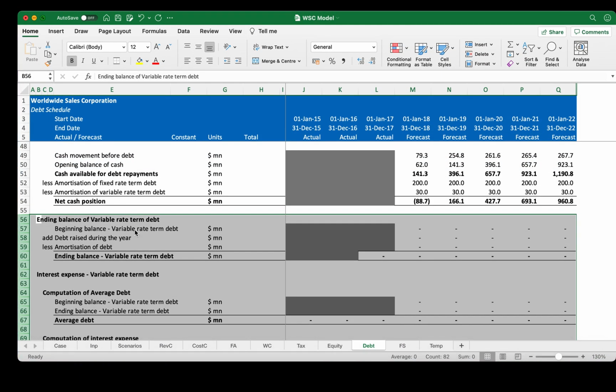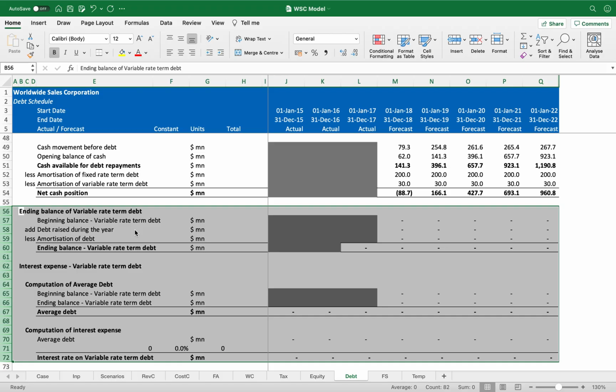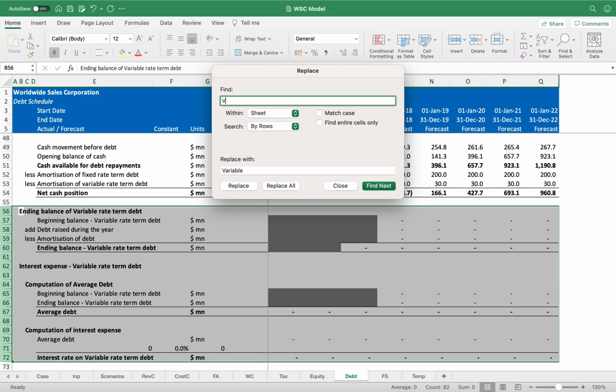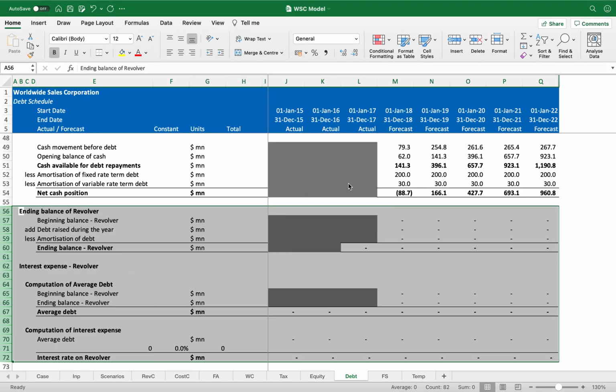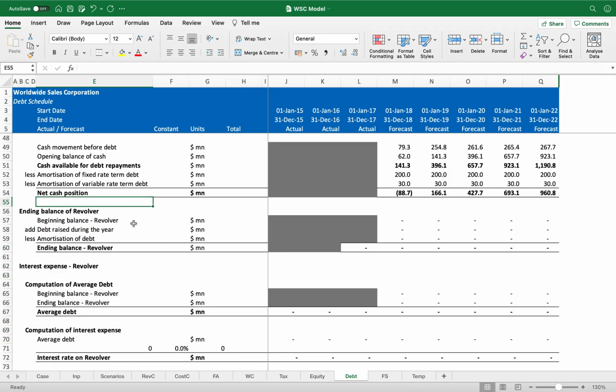So do the same thing. Replace the word variable rate term debt with revolver, please. Okay, so ending balance of revolver, that's fine.